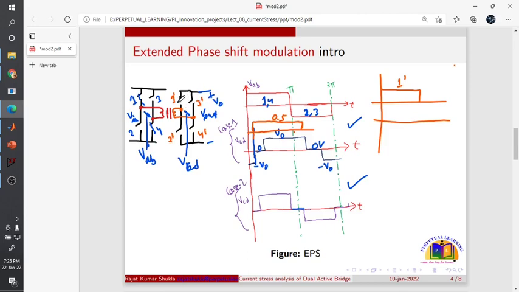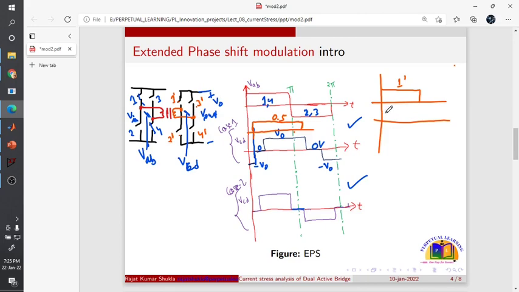If switch 1 dash is turned on, then switch 2 dash needs to be turned off. That means I have only one other option: switch 3 dash has to be turned on. If switch 1 dash and switch 3 dash are turned on, then I can get 0 voltage across this transformer, right?